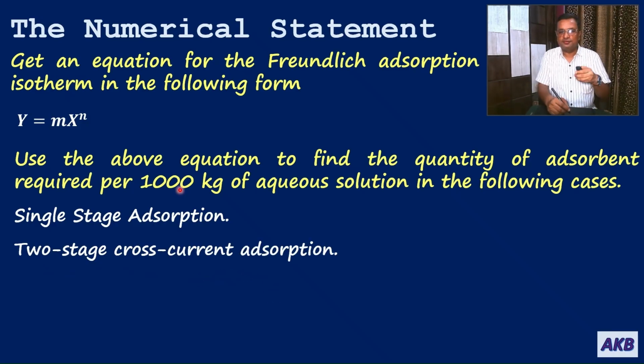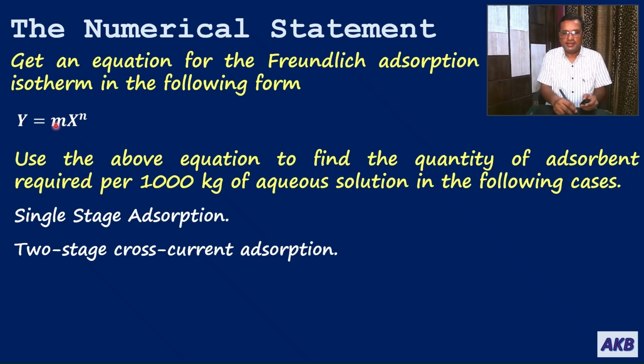So you have three tasks, you can say. First, we have to get this equation. That is, we have to find out the values of m and n for this particular case. So the idea is to use the experimental data to get the values of m and n.